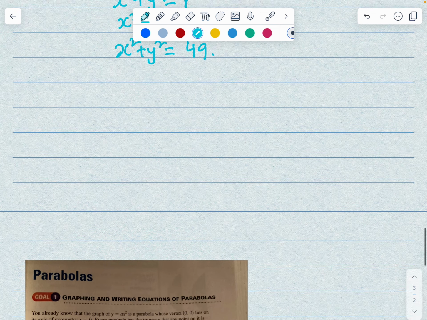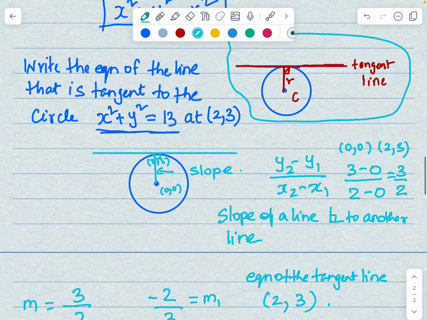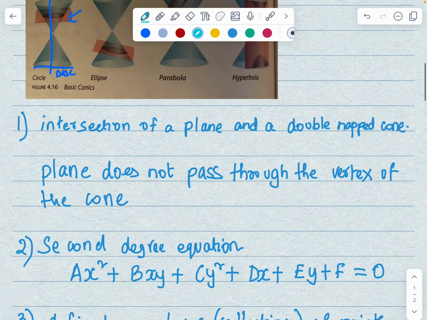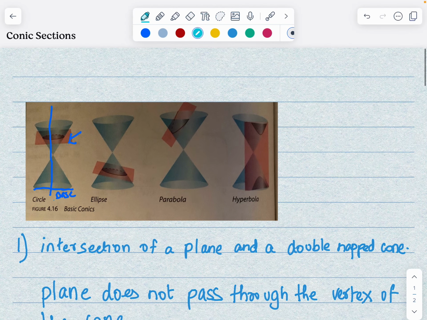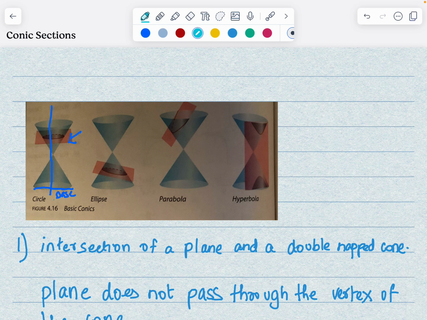So now going back again to the image in the beginning, the parabola is, you take the same plane but you're slicing the cone at an angle like this on the top, right?